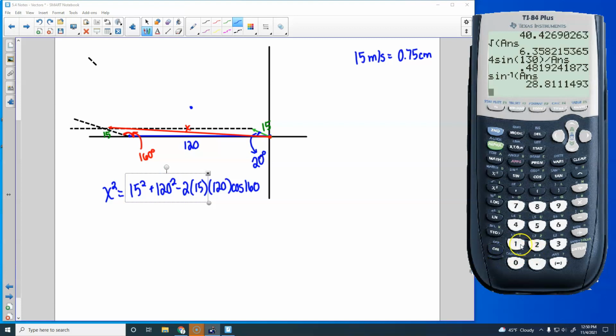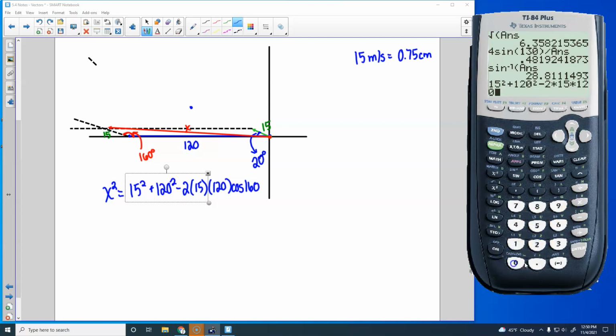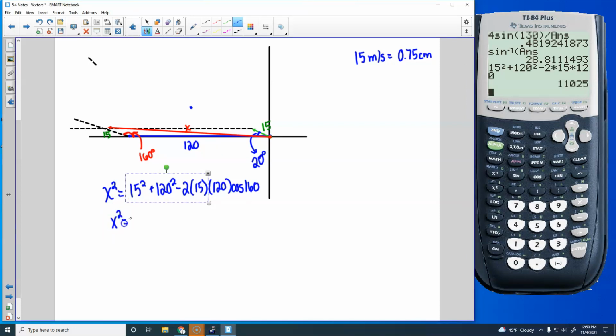And we get x squared is 11,025. And we can square root both sides.